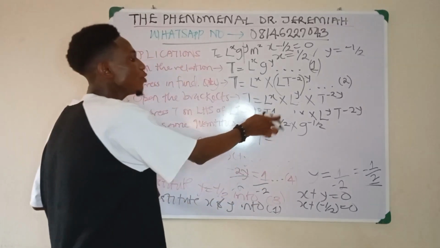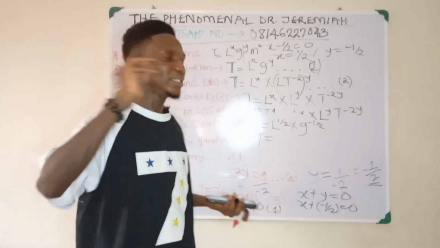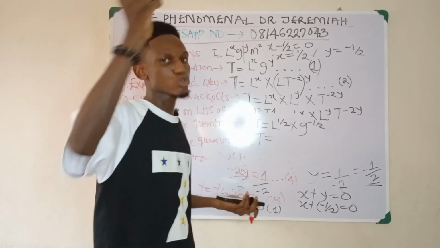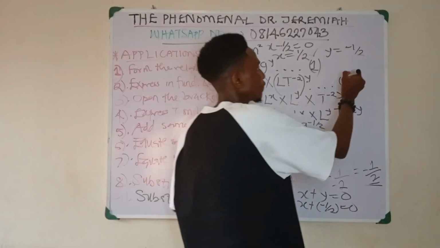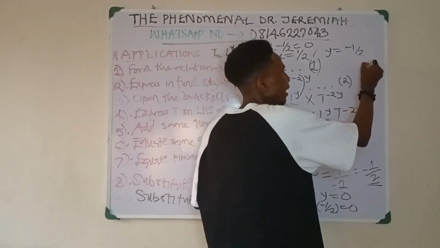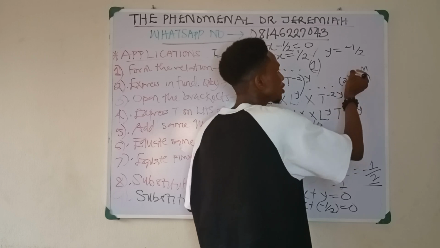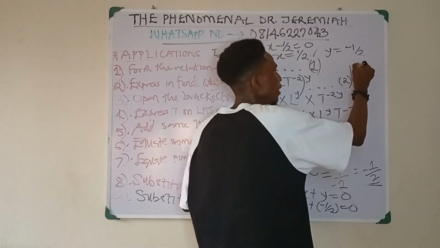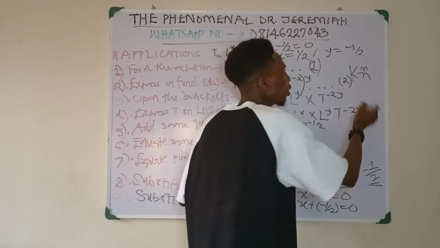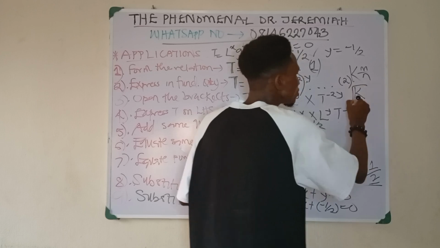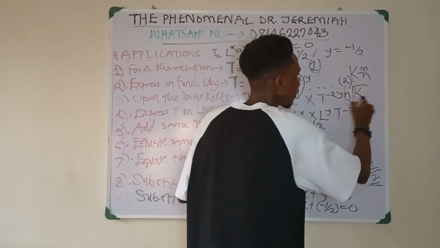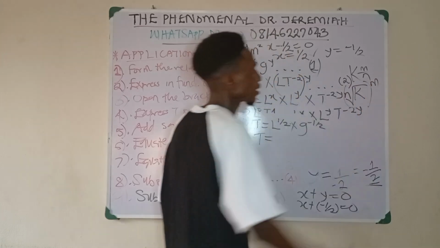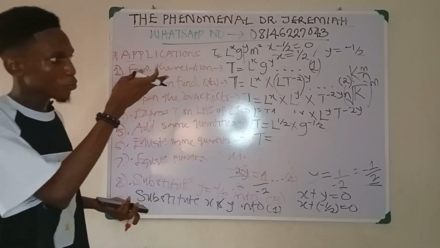So now when you have something to the power 1 over 2, what does it mean? It actually means the root of that stuff. Take for instance, I have m over n. Maybe I have k raised to the power m over n. What does it mean? It just means the nth root of k raised to the power m. Hope you got that.